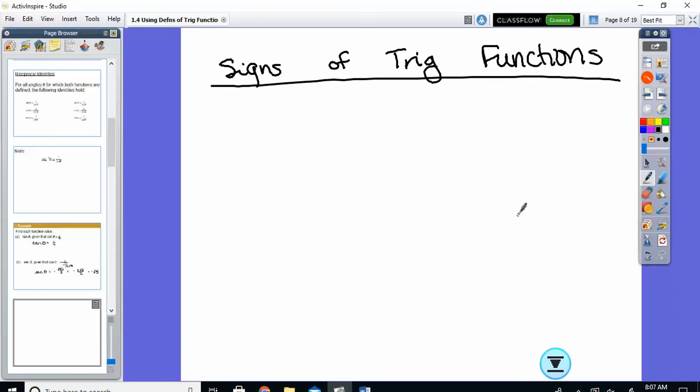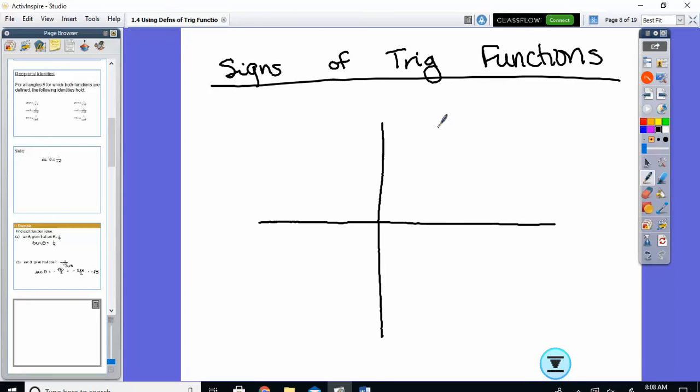If you guys are following along in your book, like I'm sure you do, you go home and read the book to make sure I didn't lie to you. You'll see they give you a big table with every trig function in every quadrant and tell you if it's positive or negative. And we can do that, but I think it's easier to do this.